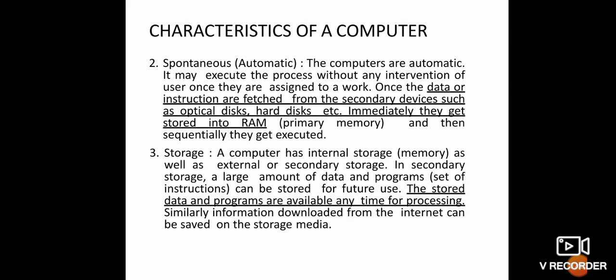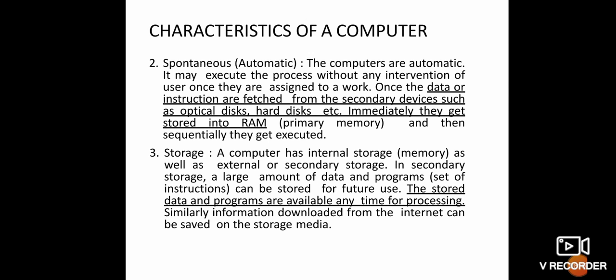And storage. A computer has an internal storage, that is memory, and it also has external or secondary storage. In secondary storage, a large amount of data and programs can be stored. A program is a set of instructions that is executed for a particular process. It can be stored for future use also.